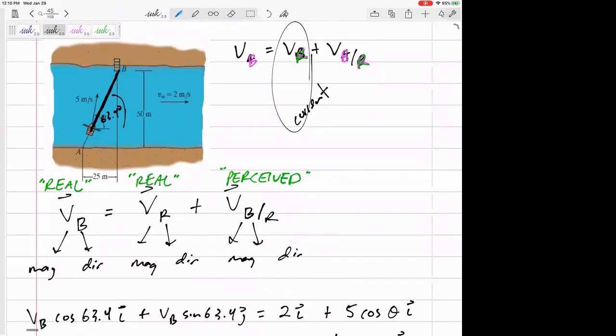All right, so there is another option. I'm not going to try it, but there is an option of adding vectors. Here's VB/R. Here's VB. Here's VR. Is it true that VB is equal to VR and VB/R added together?